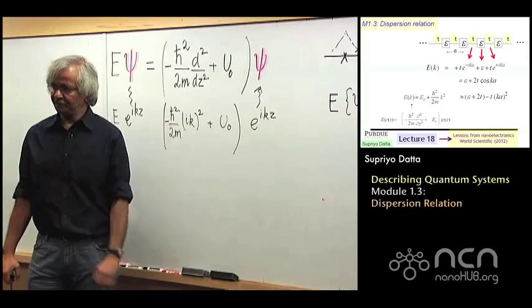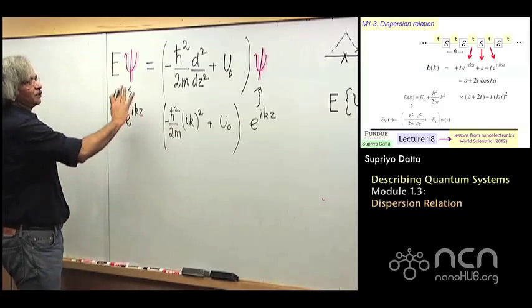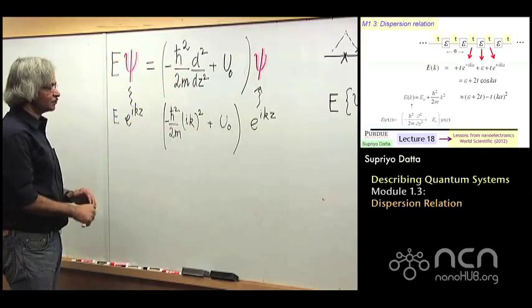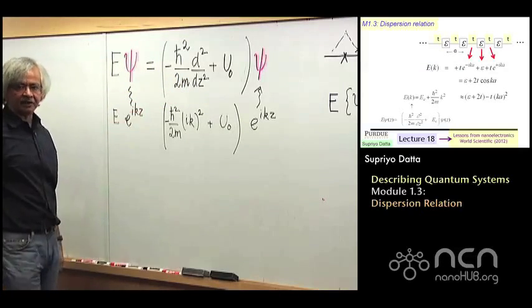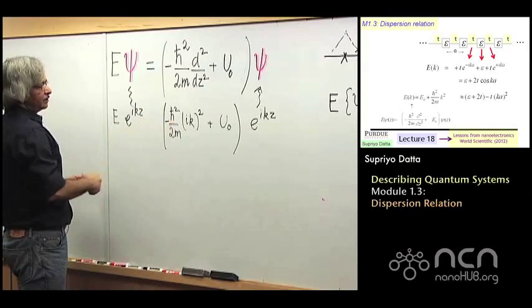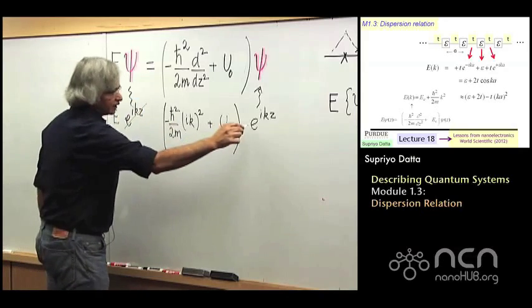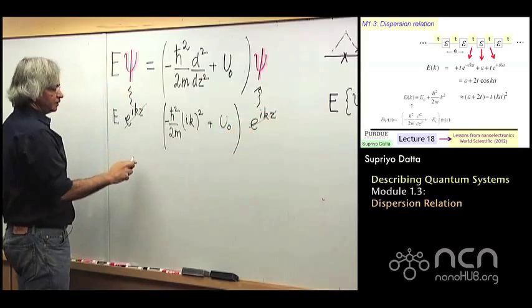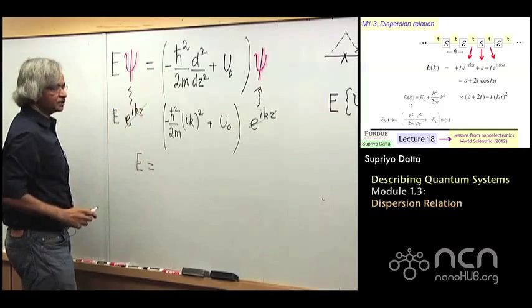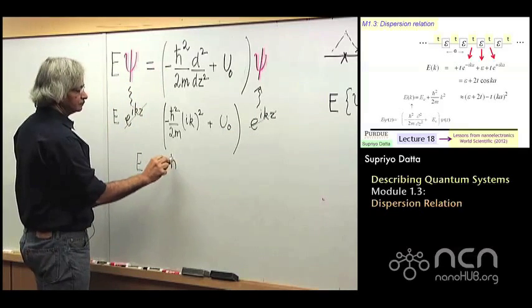You can check easily. So anyway, the point here was differential equation with constant coefficients, solutions can be written in the form of exponentials. Okay, so you put that in, and we have e to the power ikz, we can cancel that, and that gives me what you'd call the dispersion relation for this differential equation.